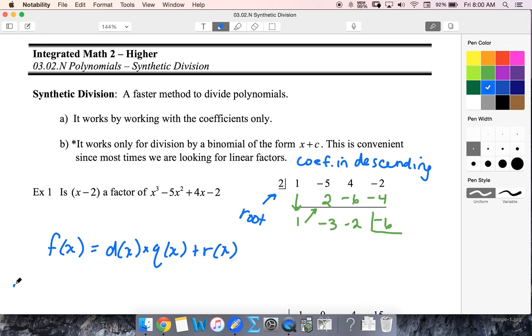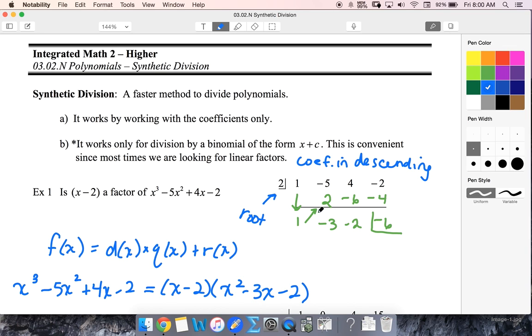Well, in this case, we've got x cubed minus 5x squared plus 4x minus 2, and we're saying that would be equal to x minus 2 times x squared minus 3x minus 2, so that I got from here, and then minus 6 is the remainder.